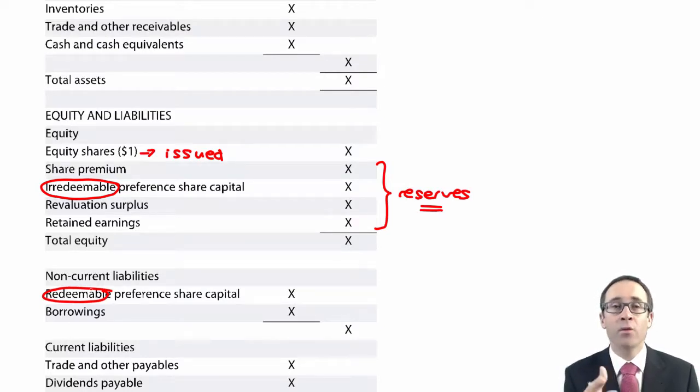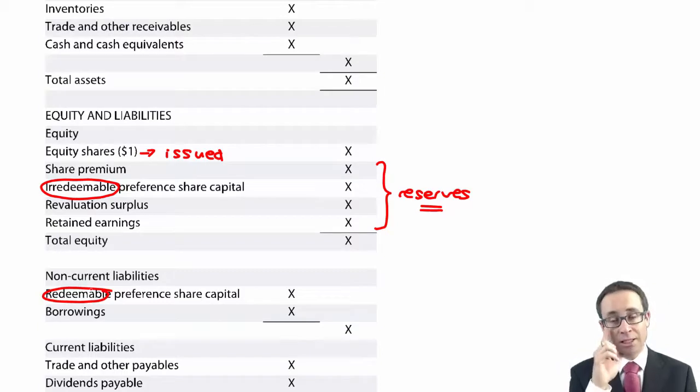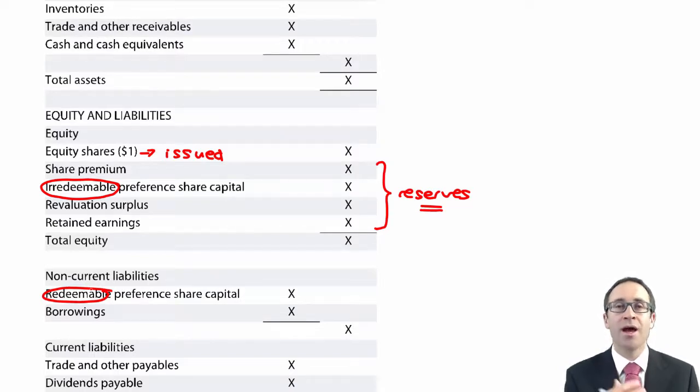The other one was faithful representation. Things are faithfully represented if we account for things based on substance and the economic reality. Now here, the legal form of preference share capital is that legally it is a share. But the economic reality depends upon the terms and conditions attached.